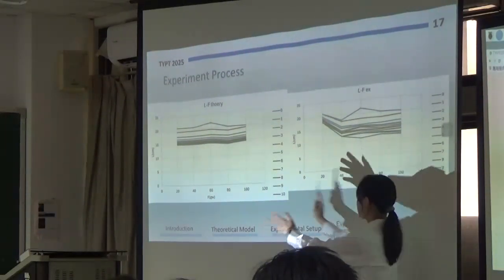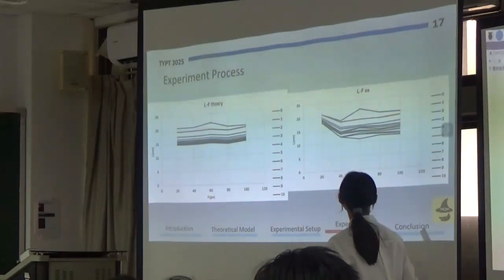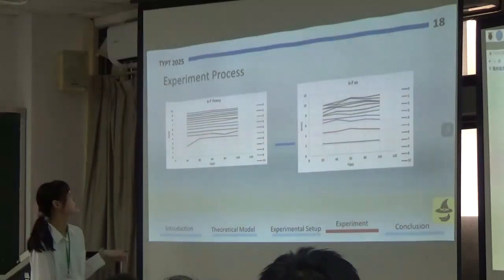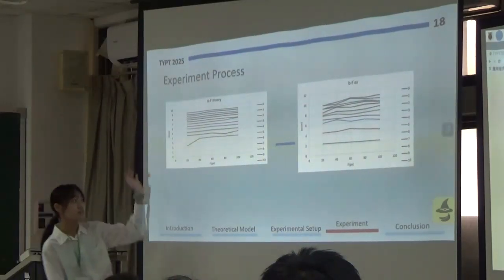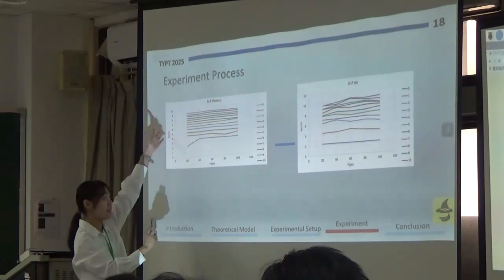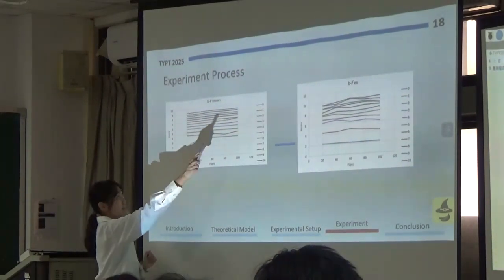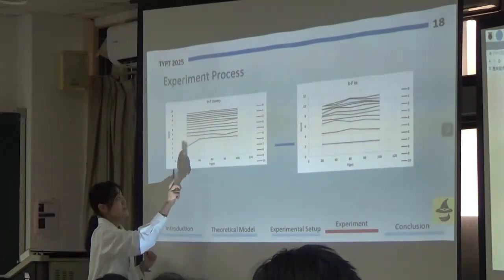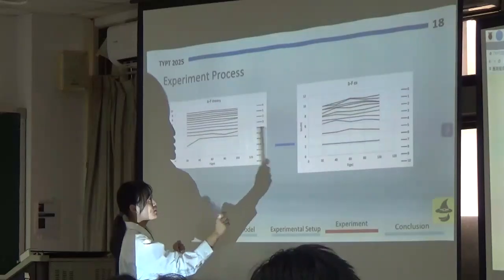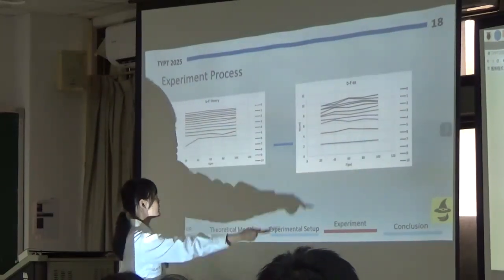So it matches nearly. Experiment process. This is the chart with the force and the width of the balloon, and nearly each of the lines are stable, and so does the line with experiment.